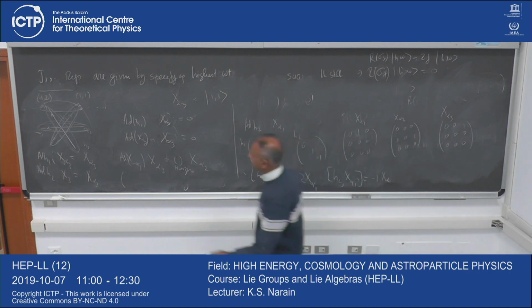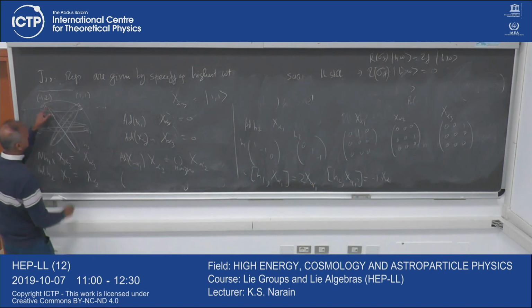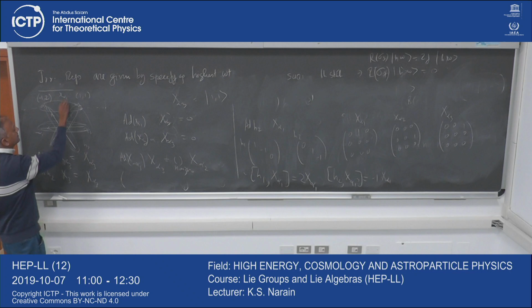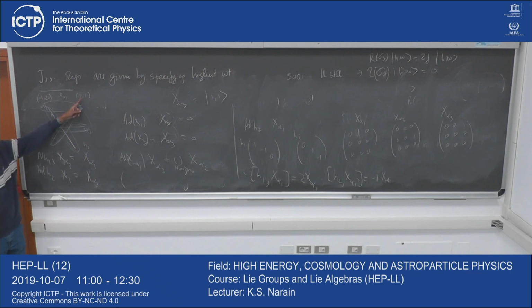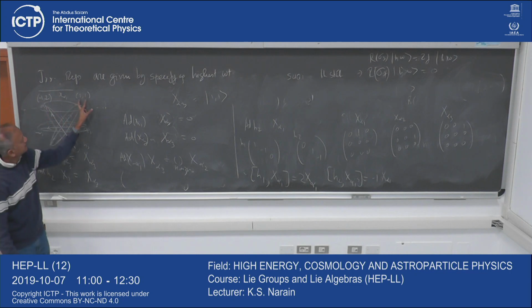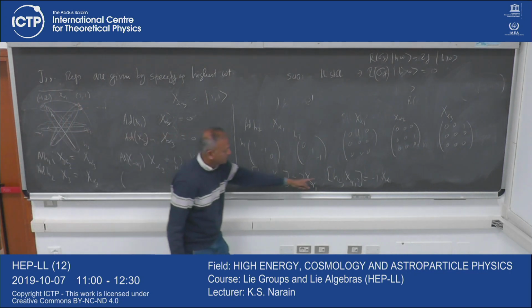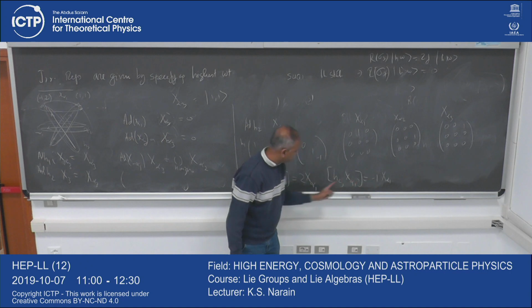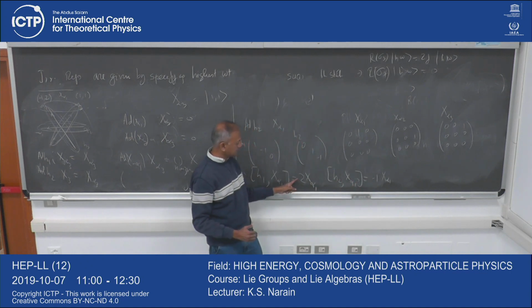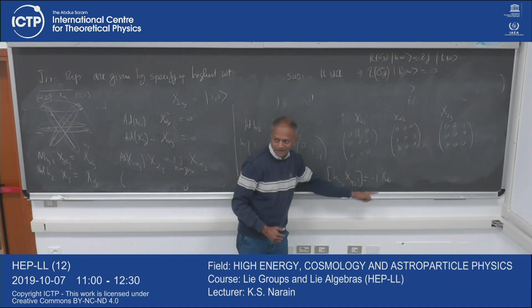So what it means is that when I apply X minus alpha 1, the eigenvalues will be additive, right? You started with 1, 1 eigenvalues of H1 and H2. When I apply X minus alpha 1, I have to subtract these eigenvalues, because X minus alpha 1 has exactly the opposite, minus 2 and plus 1 eigenvalues.